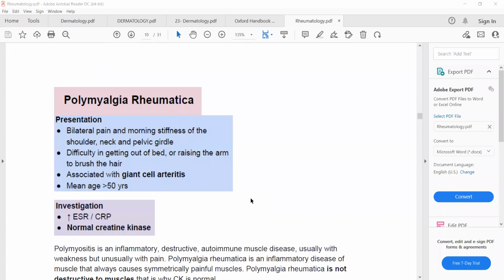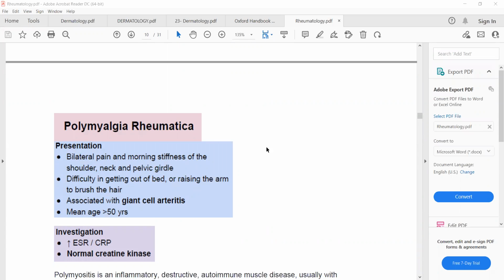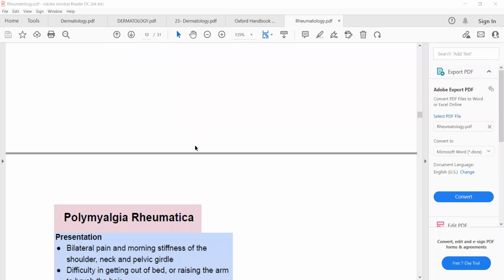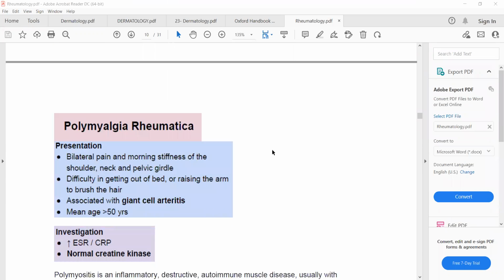Now the second cause of proximal muscle weakness is polymyalgia rheumatica. Polymyositis is basically muscle weakness, while in polymyalgia rheumatica the main complaint will be muscle stiffness and pain, with bilateral pain and morning stiffness of the shoulder, neck, and pelvic girdle.